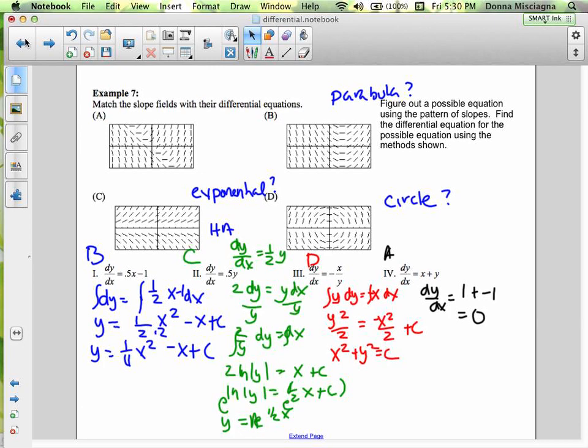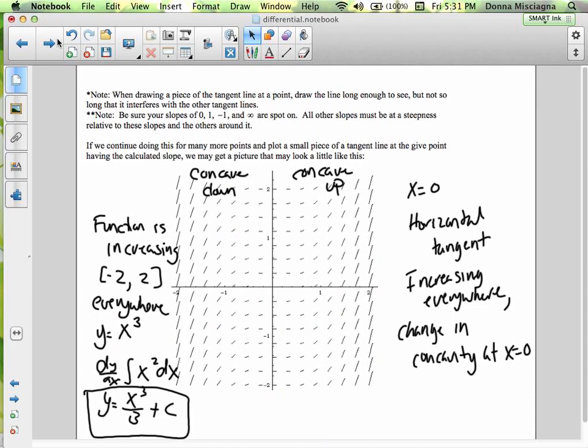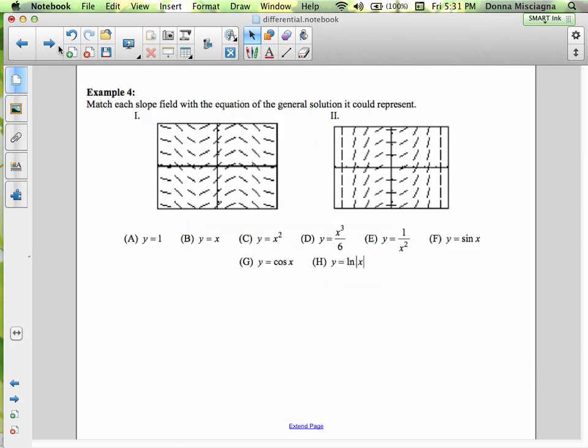Solving the differential equation is always a nice idea. Looking at the pictures and identifying what you see, what it could be, is also a good idea. And then plugging in the points, finding the slopes, and matching is another idea. So you have 3 tools there to help you match. It should not be guesswork. Here we were able to match everybody, even the one we couldn't solve.